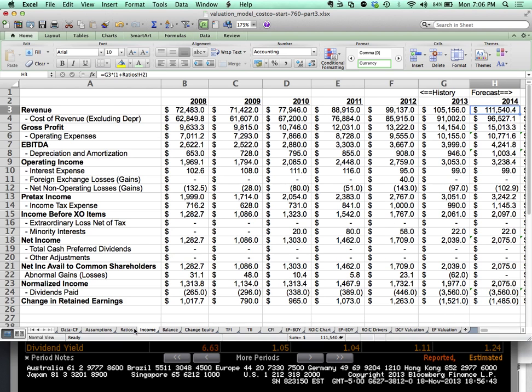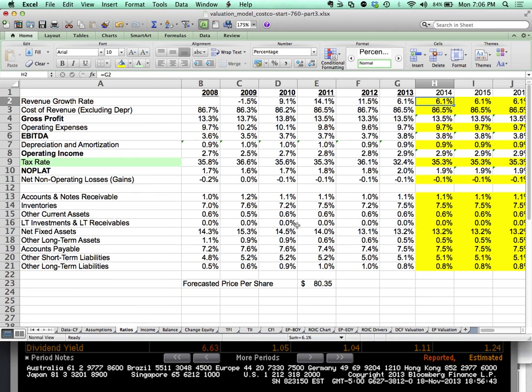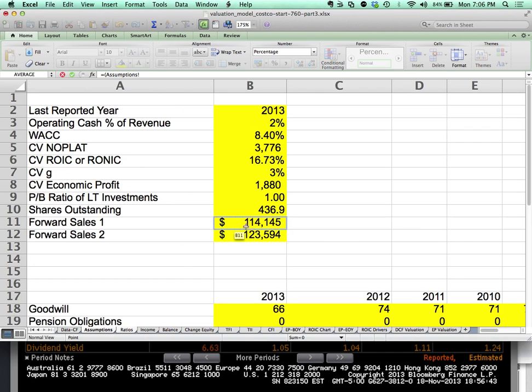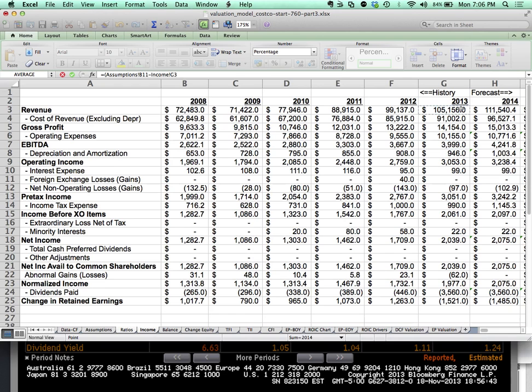So I know that the formula for percentage change, go back here, to solve for that equals the current year revenue, which is my sales 1, minus my previous year's revenue, which was 2013 actual sales or revenue, divided by my previous year revenue.